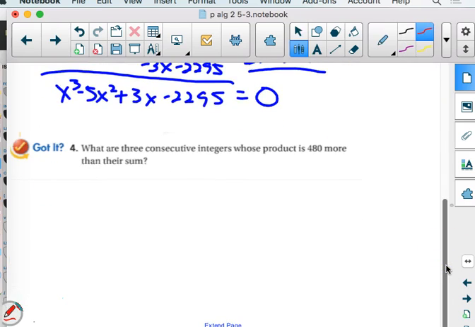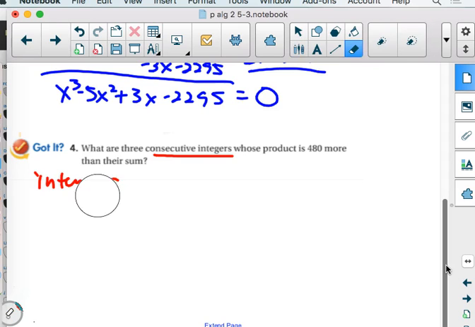If you understand what this means, what are 3 consecutive integers whose product is 480 more than their sum? Okay, consecutive integers. Back in geometry, you talked about consecutive angles. Anybody remember what consecutive means? It means one right after another. So if we say that our lowest integer is x, integer.